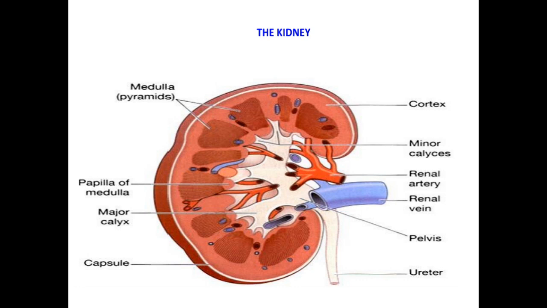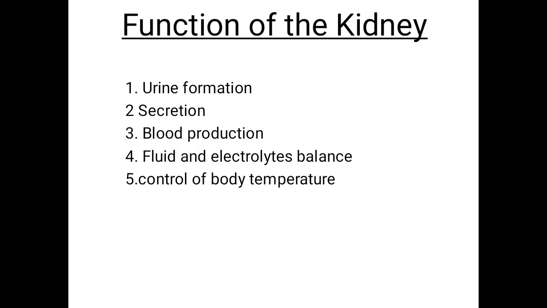The ureters will empty the urine into the urinary bladder, where urine will be partially stored. Upon the bladder being full, the sphincter muscles will relax, hence releasing urine into the urethra for excretion. So that's the process of urine formation in general.